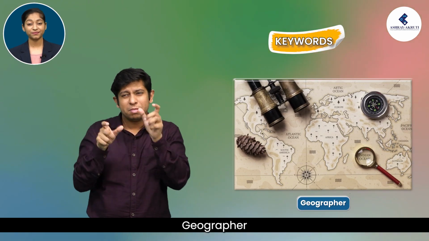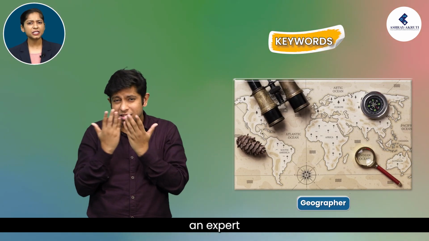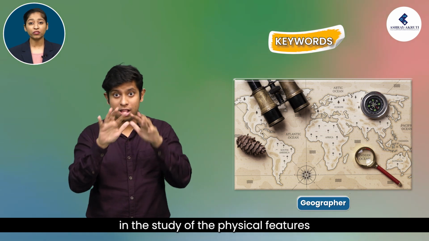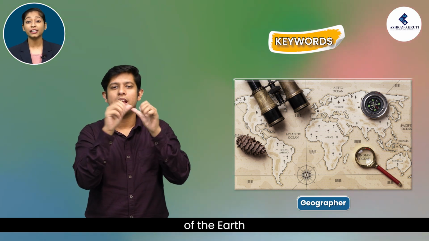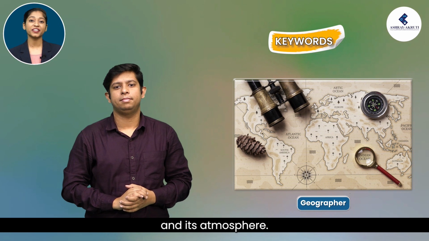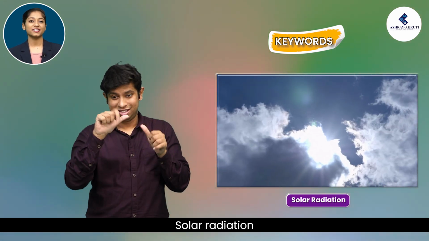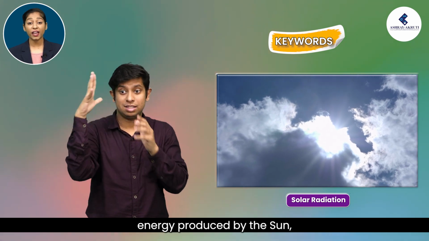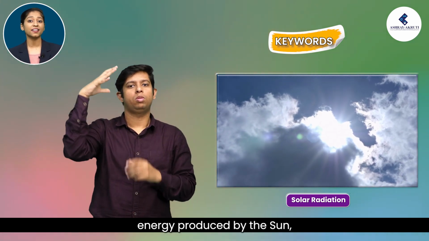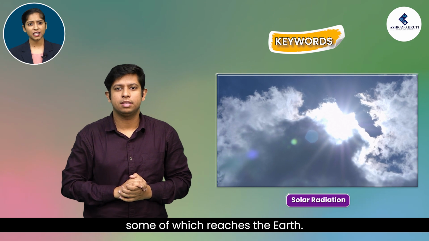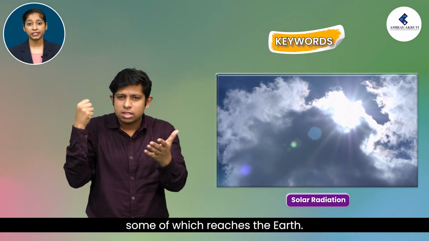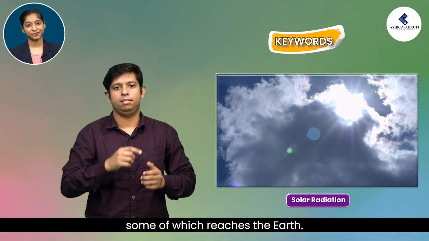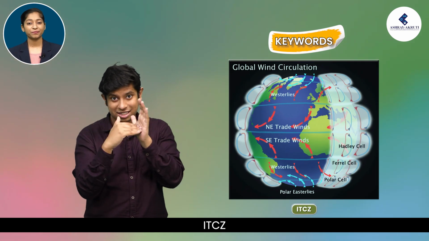Keywords: geographer, an expert in the study of the physical features of the earth and its atmosphere. Solar radiation. Solar radiation refers to energy produced by the sun, some of which reaches the earth. ITCZ.